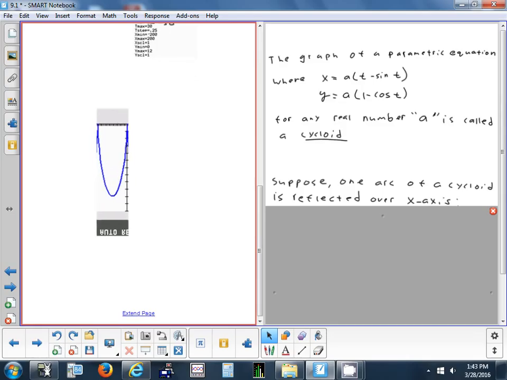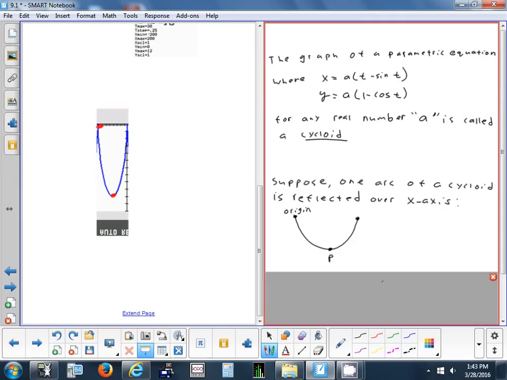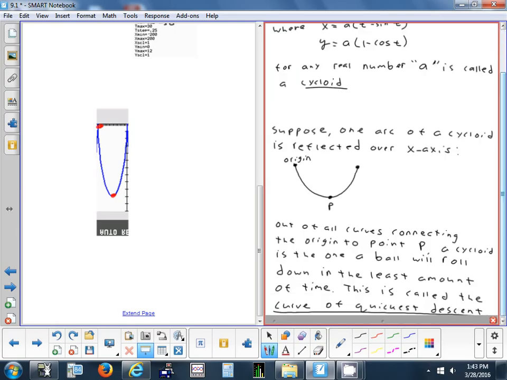Right. If you had an object, say right there, like a ball, and you were going to drop it and let it roll down to that point. If you take a cycloid and you flip it, the shape of this curve is something special. Basically, it gives you the fastest curve for the ball to go from this point, dropping down to this point.